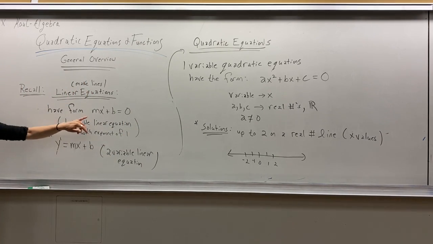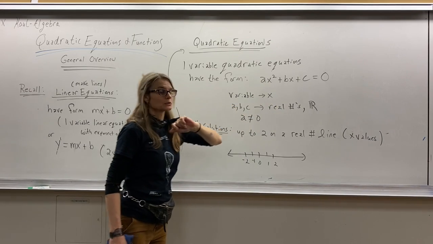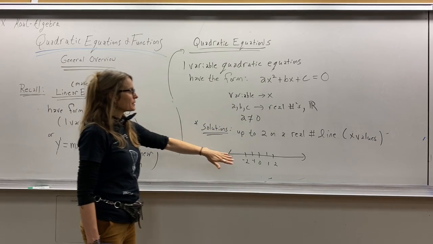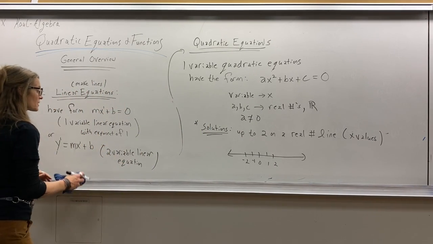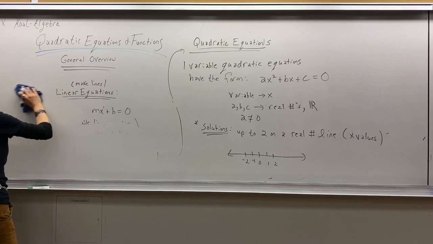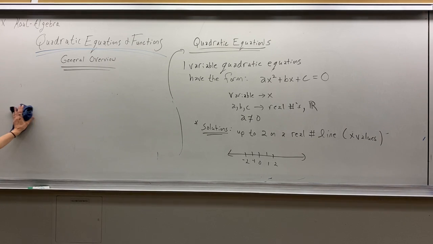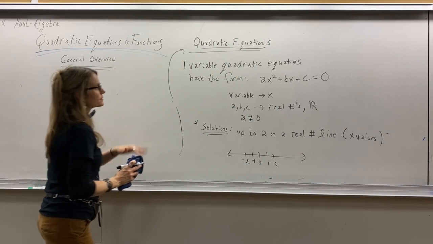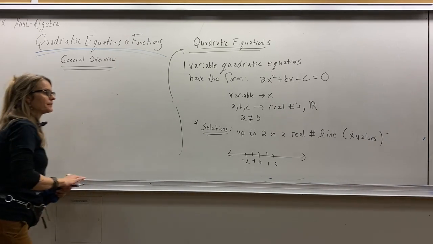So you have up to one solution for linear equations, and here you have up to 2 solutions. Now, they don't have to be real, and we'll get to that a little later; we'll look at some complex solutions as well. Right now, we just want to make the distinction between these types of equations, and I will give some examples following this. So that's a quadratic equation of one variable.